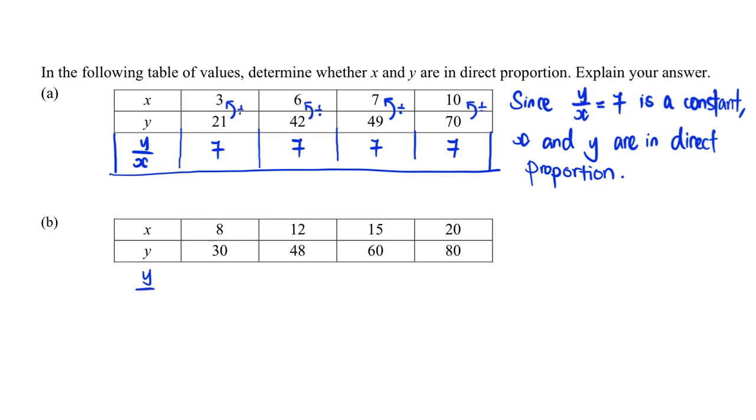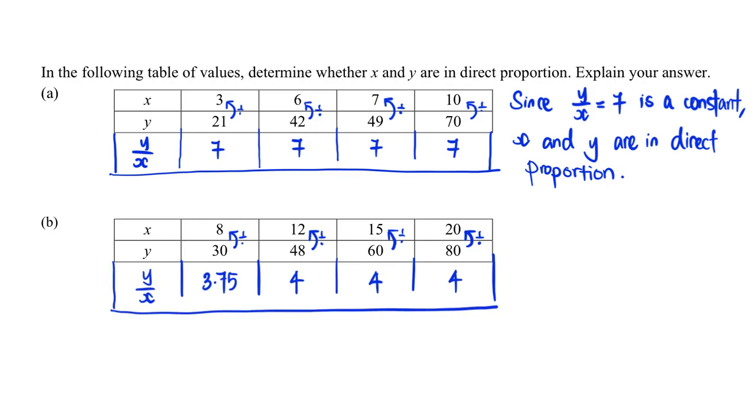Using the same method, 30 divided by 8 will give me 3.75. 48 divided by 12 gives me 4. Of course, I can continue just to make sure that the solution is complete. And therefore, I do see that there's one odd one out there, isn't it?